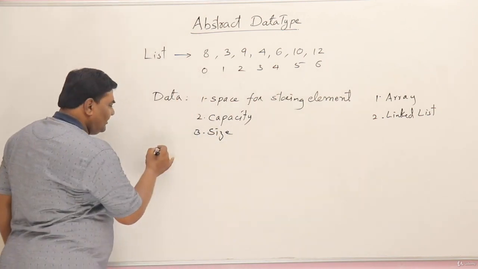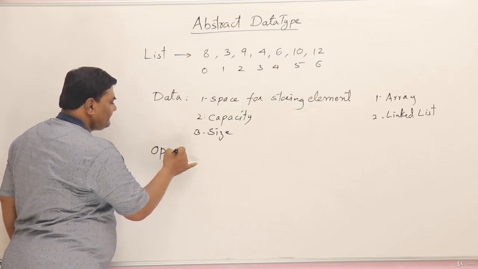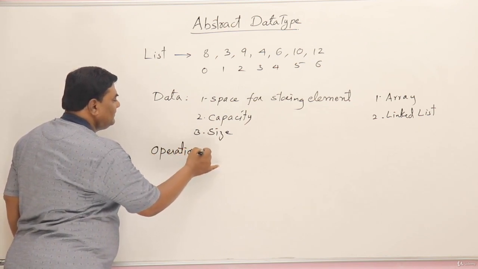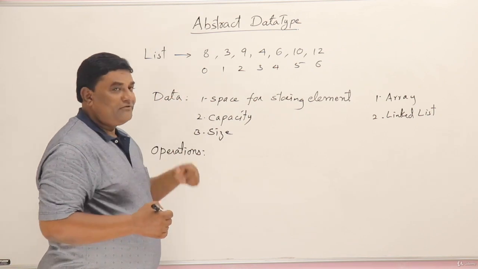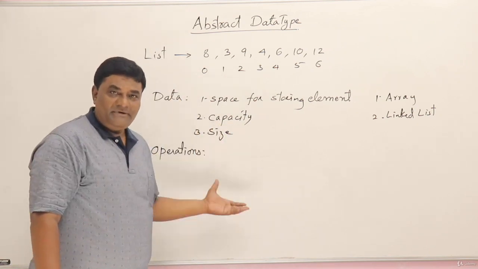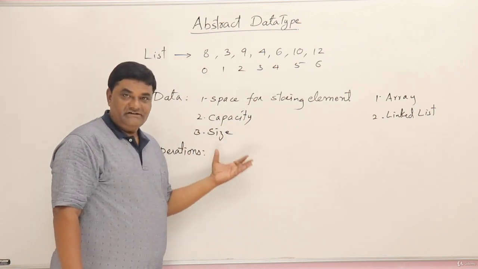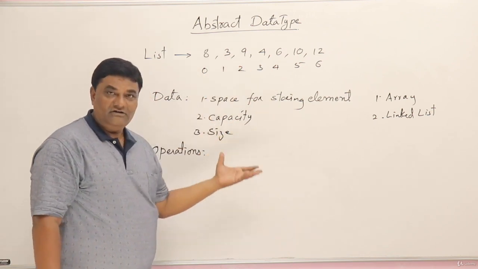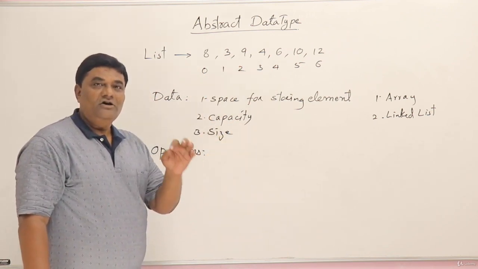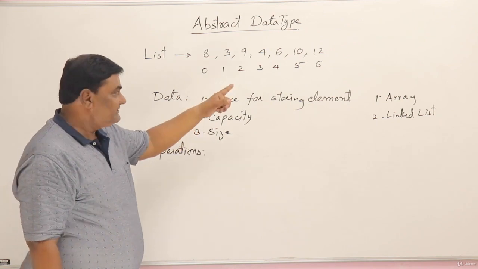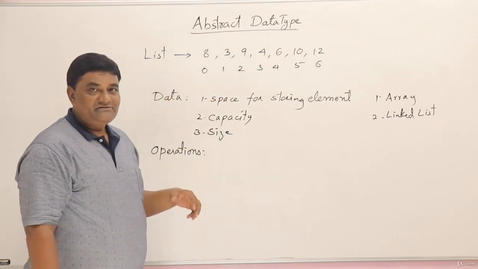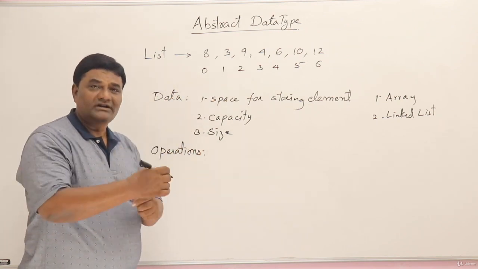Then let us look at operations on a list. What are the operations that we perform on a list? I will write a few operations here, then I will explain all of them. In this list of elements, I can add more elements.